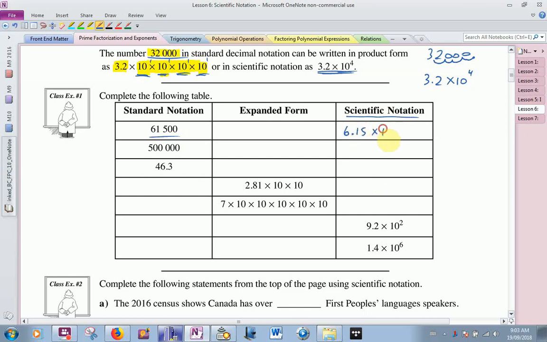How many tens do I need to multiply it by here? 4. Here's your decimal. Let's count. 1, 2, 3, 4. Yes. Okay, so in other words, it would be 6.15 times 4 tens.